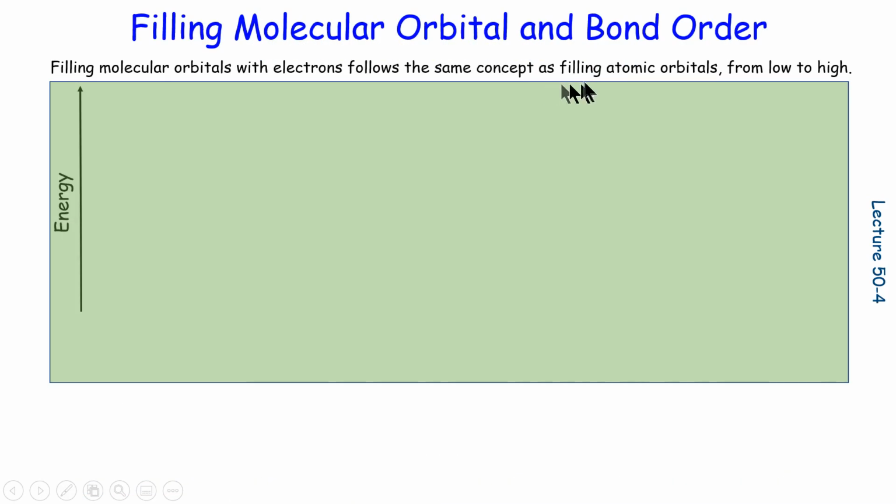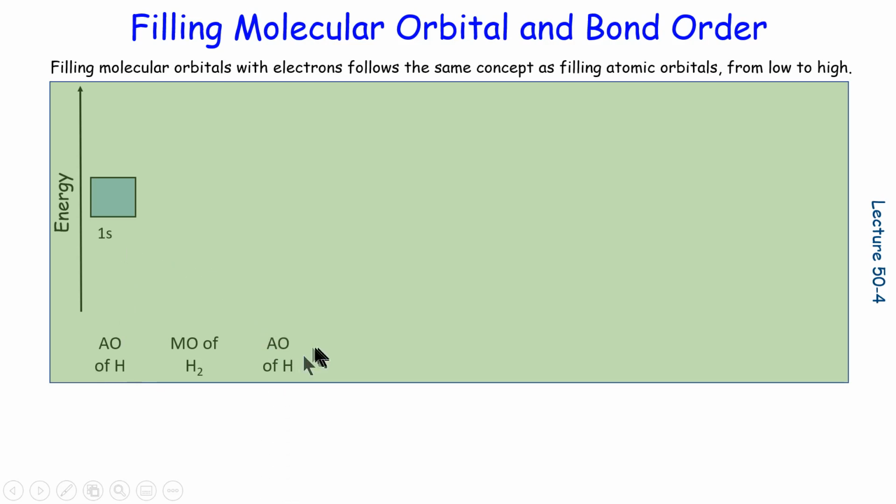Just like filling the atomic orbitals, we fill the molecular orbitals with electrons from low to high. Let's take a look at the hydrogen molecule again. In this column, that should be the molecular orbitals of a hydrogen molecule, H2. And in this column, that's the atomic orbital of one of the isolated hydrogen atoms.